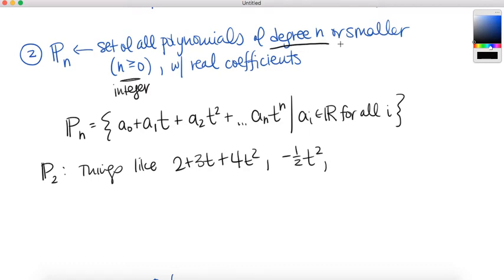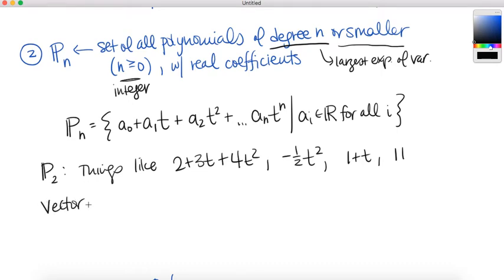Or, remember, it says degree n or smaller, so we could also have things just like 1 plus t or 11. Things with smaller degree are still in there. And remember, degree is the largest exponent of our variable here.